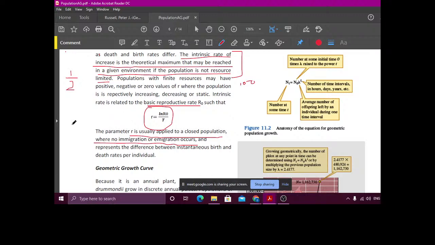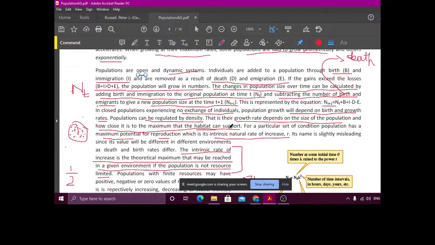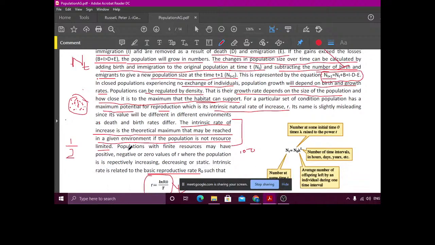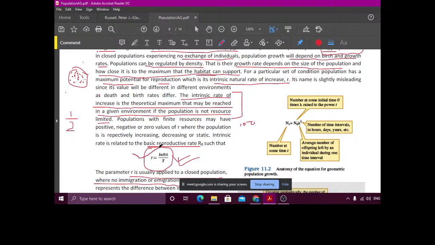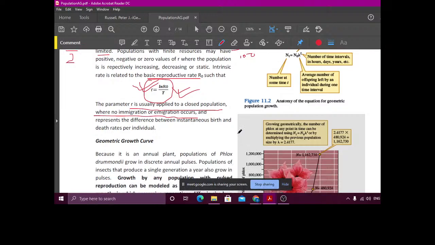So in a closed population where nobody goes out or comes in, this formula is used. You have to remember it. You don't have to do sums on this particular thing. Remember this formula and this formula. 2 marks, 1 marks, it will come from here.